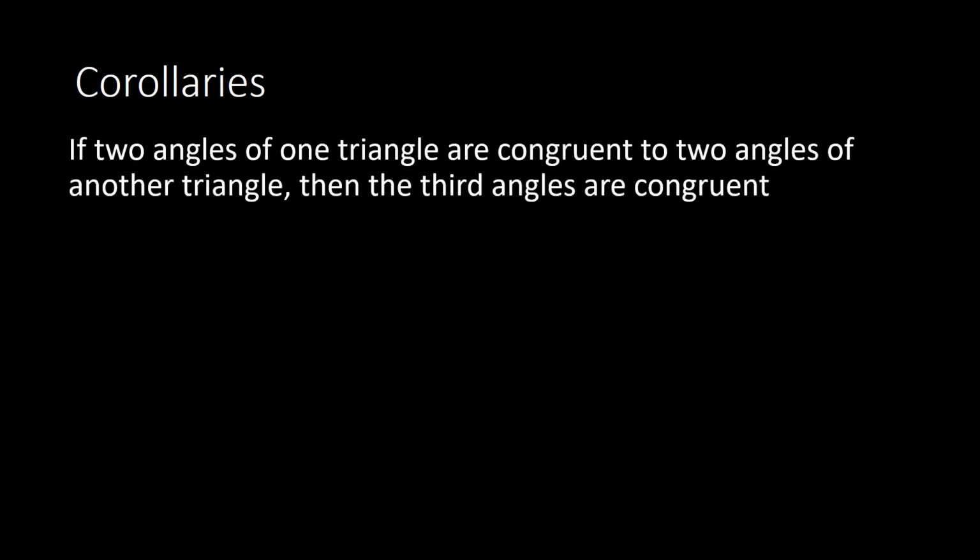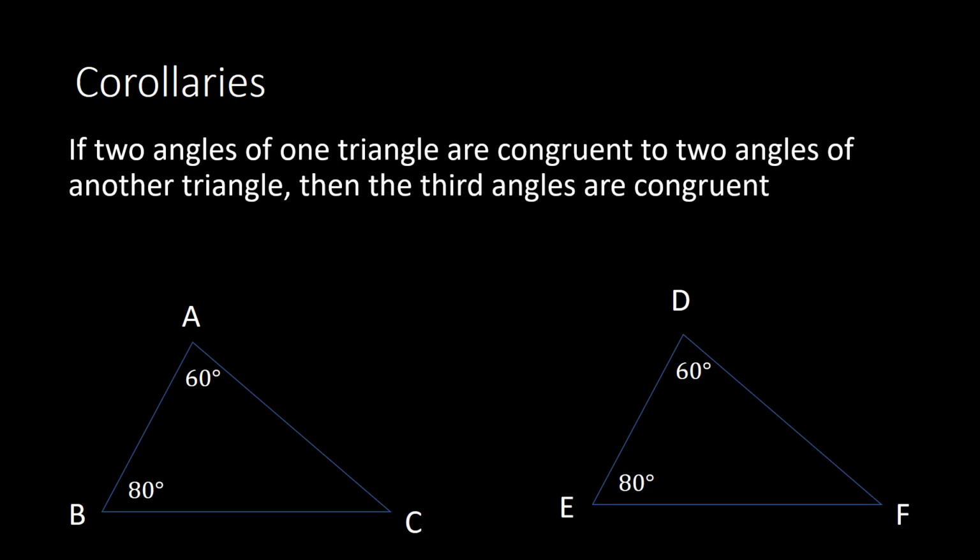So for example, one of the corollaries that we have says if two angles of one triangle are congruent to two angles of another triangle, then the third angles are going to be congruent as well. So for example, here we have two triangles and we have two angles that are congruent. The 80-degree angles are congruent and the 60-degree angles are congruent.